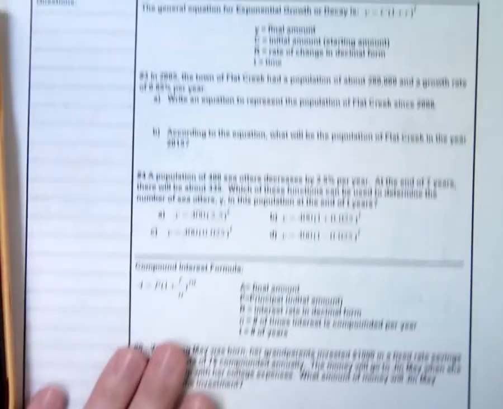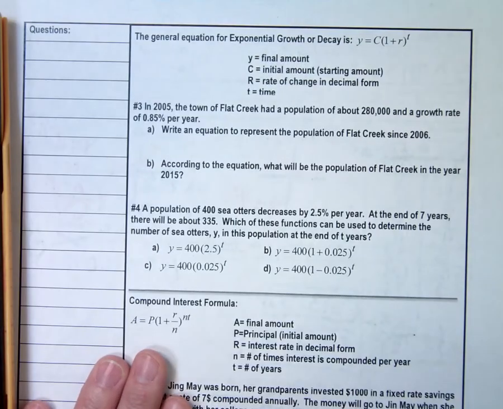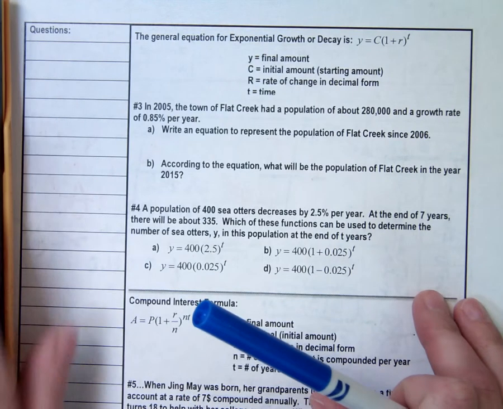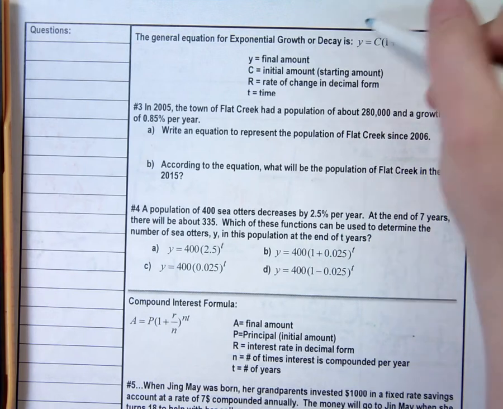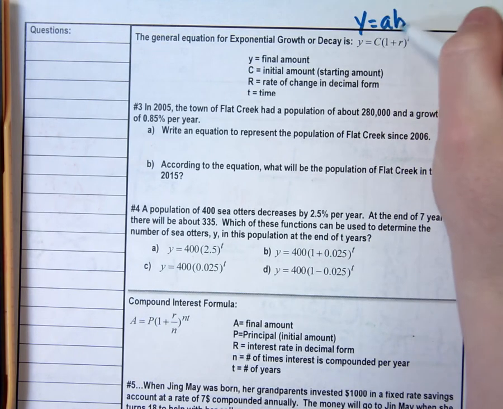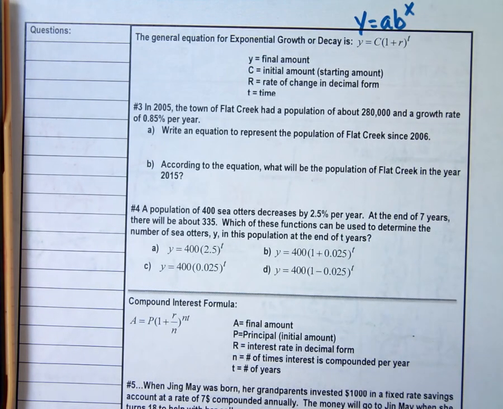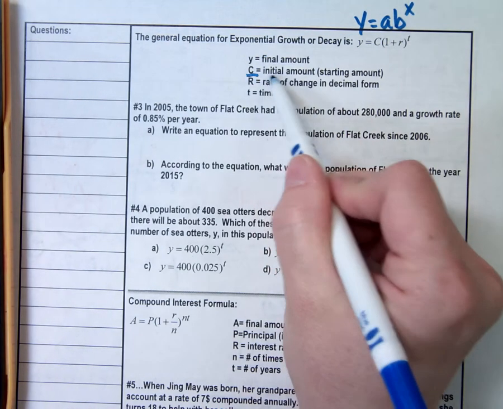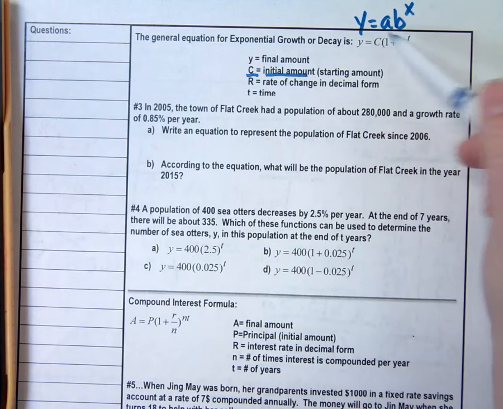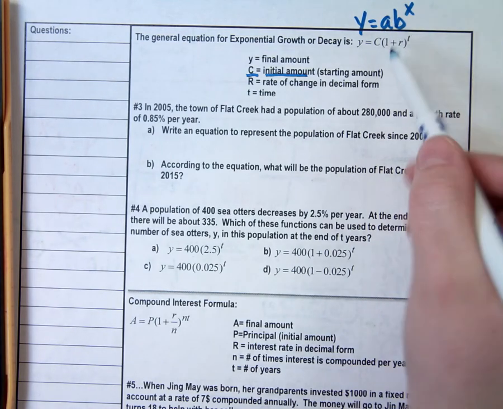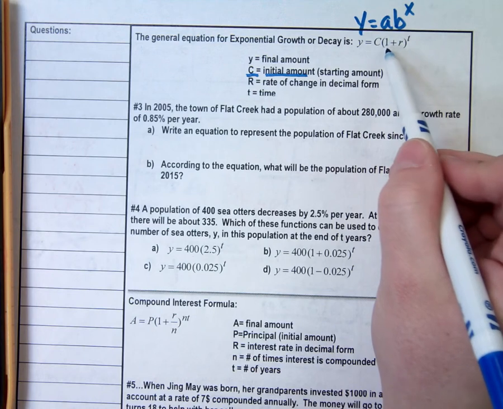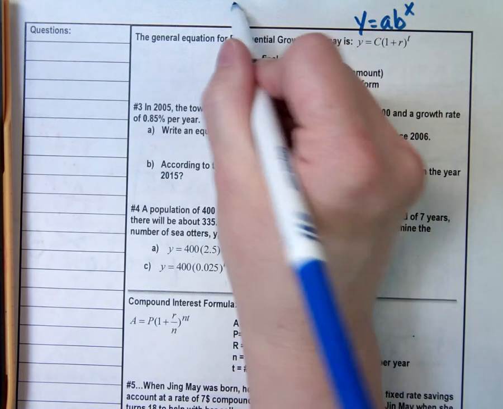Okay, this next one. The general equation for exponential growth or decay is this. This is very much like y equals a b raised to the x. It just looks slightly different. Instead of the a, they use a c, and c stands for the initial amount, the starting amount, just like I told you a means. B is your growth factor, and the 1 comes from everything's worth all 100% of its value.